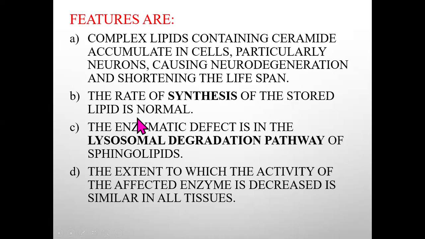And the rate of synthesis of the stored lipid is normal, and the enzymatic defect is in the lysosomal degradation pathway of what? Sphingolipids. So the extent to which the activity of the affected enzyme is increased is similar in all tissues.